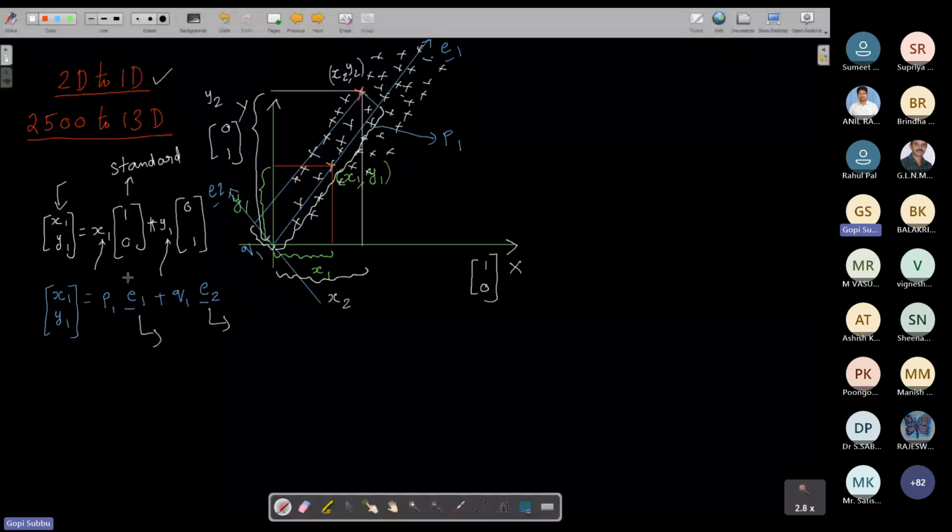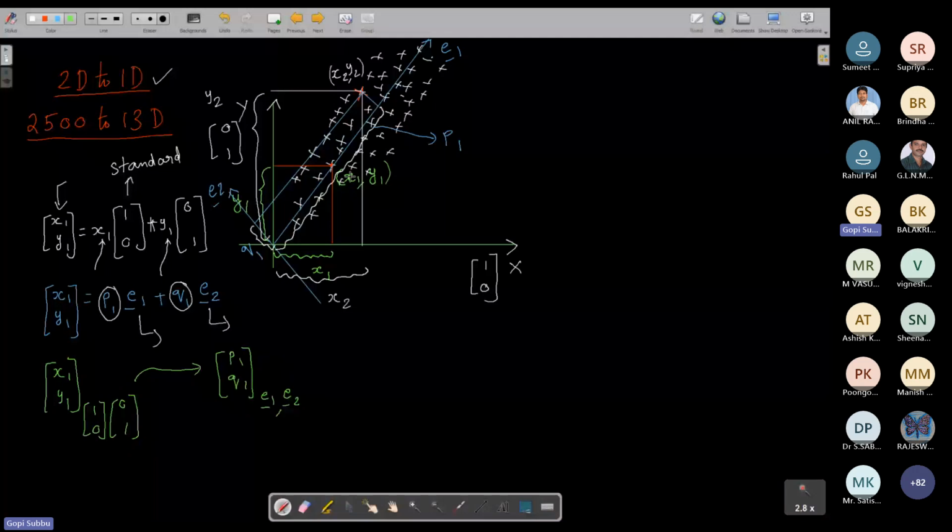So I can do this job for all the points I am having. We still get two ways of representing the data: x1, y1 using the standard basis 1, 0 and 0, 1, and this same vector P1, Q1, but represented using the basis vectors E1 and E2.